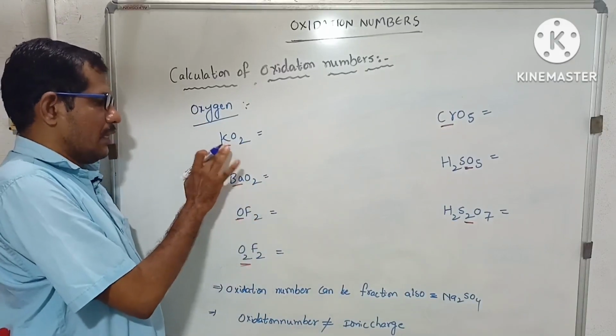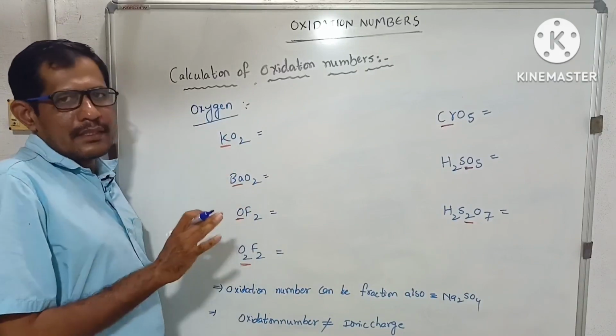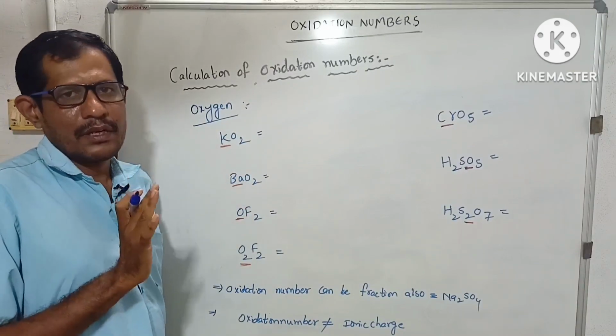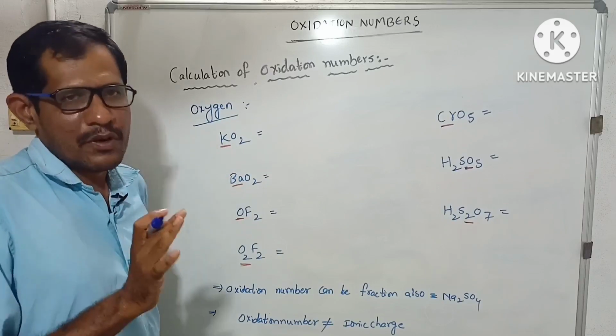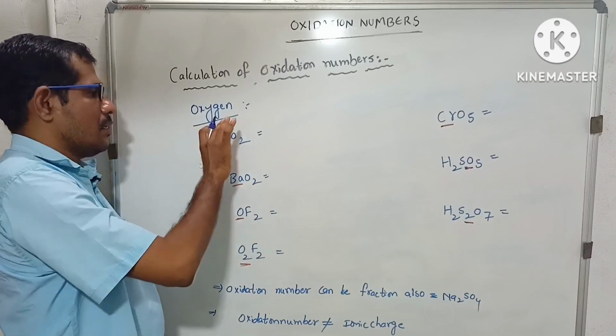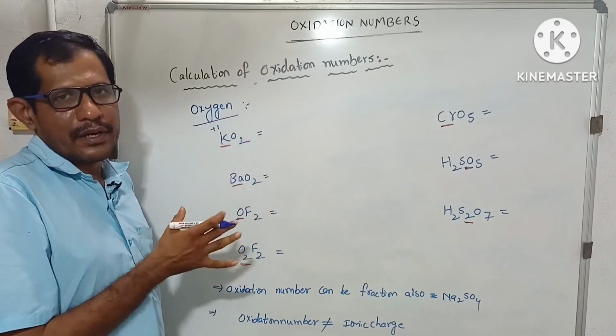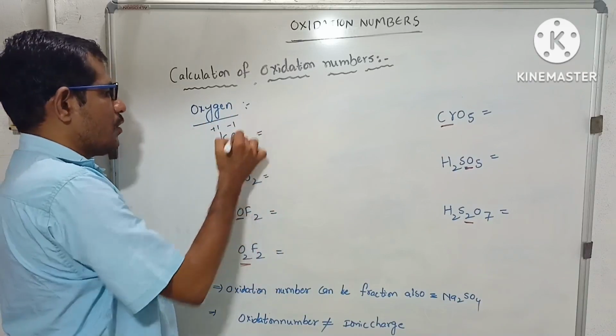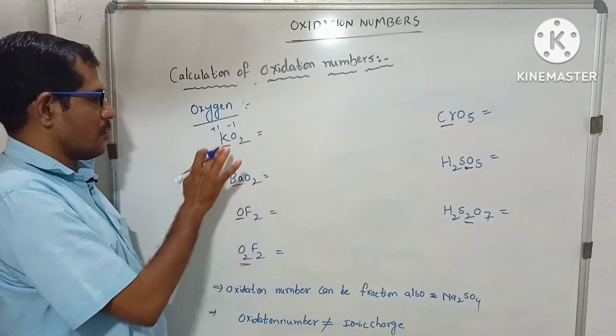I told you here, potassium always shows plus 1 oxidation state only. Group 1 elements always show plus 1 oxidation state, right? Here if you give plus 1, for oxygen, to make the molecule whole as neutral, we will give minus 1. Plus 1 minus 1 equal to 0, right?